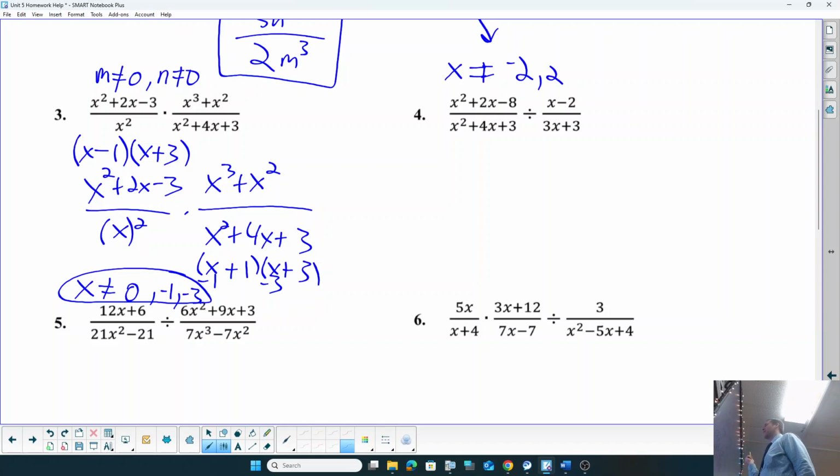Minus 3x minus 1x is 2x. Pull out an x squared. When you pull that out, you're left with x plus x squared divided by x squared is a 1. There we go. So now we have an x squared on the top and an x squared on the bottom, and we can cancel them.